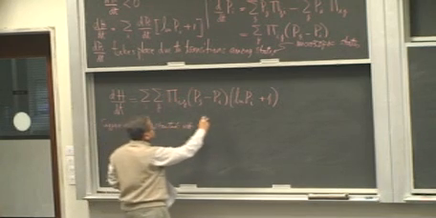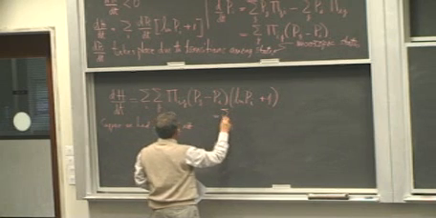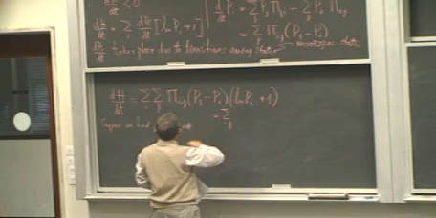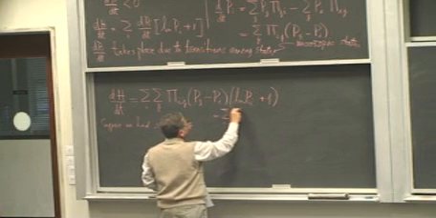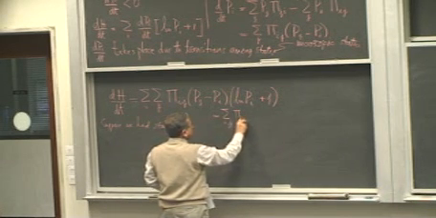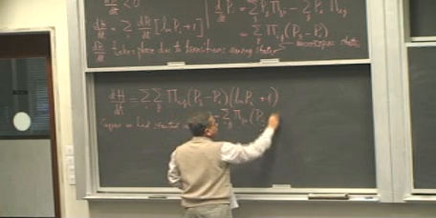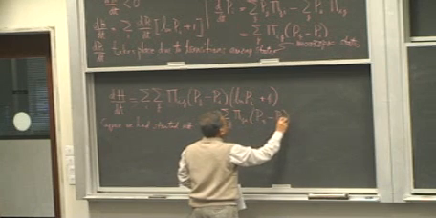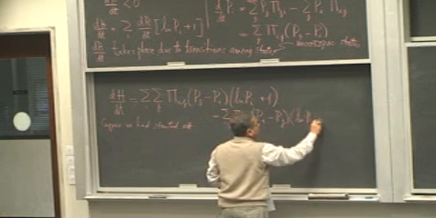And if I make an interchange of i and j, it would be summation over i and j again, pji, pi minus pj times log pj plus 1.